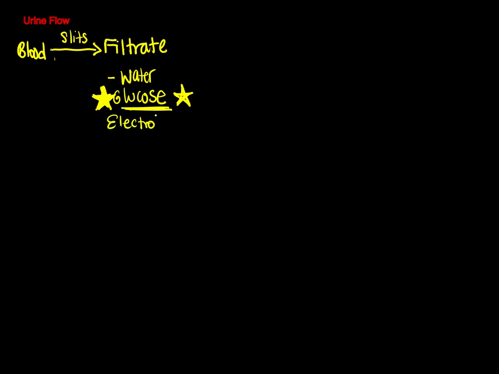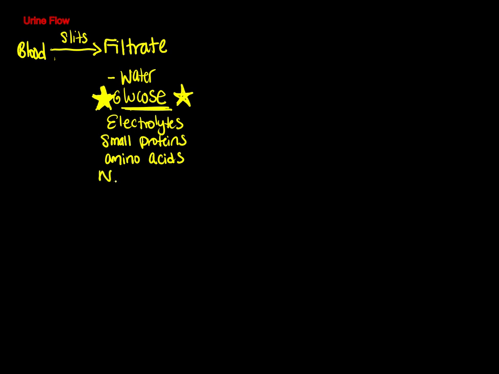Okay, what else are we going to see? We're going to see electrolytes. Those are very tiny. A very small amount of small proteins, and the subunits of those proteins, amino acids.